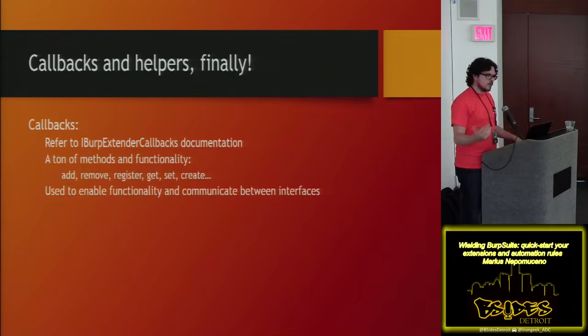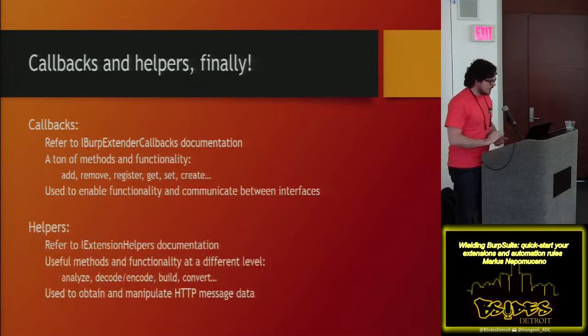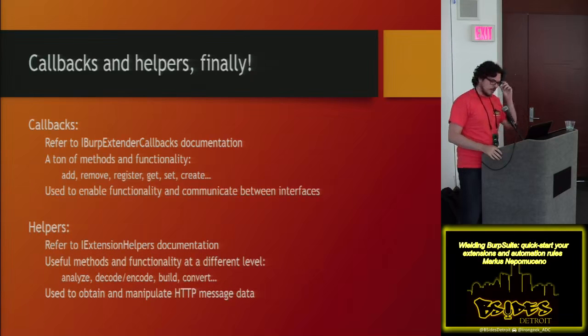And also communicate between these different BurpSuite elements, different tools and tabs and things like that. Helpers, on the other hand, are useful for manipulating HTTP messages themselves. So analyze it, decode it, encode it, build an HTTP message, convert it to something else. It's got some helping methods like convert it to different representations, again, encoding, decoding, things like that. So a lot of obtaining and manipulating actual HTTP data so that your extension can call upon it.